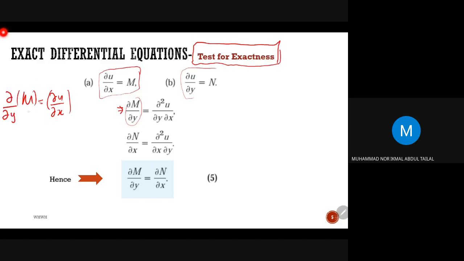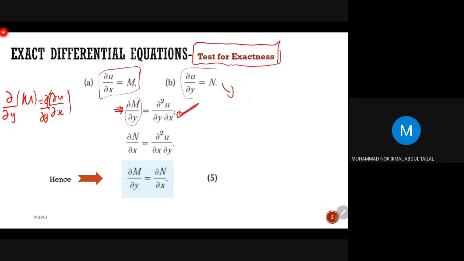So del over del y of del u over del x, and del over del y of m, you will get del m over del y equals del square u over del y del x. I think everyone can understand this.